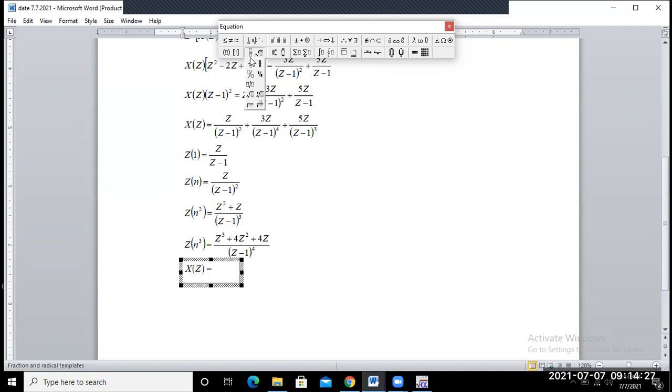Since we can directly put the inverse of the z transform, z by z minus 1 equals u(n). Okay, so we just put here z by z minus 1 whole square.